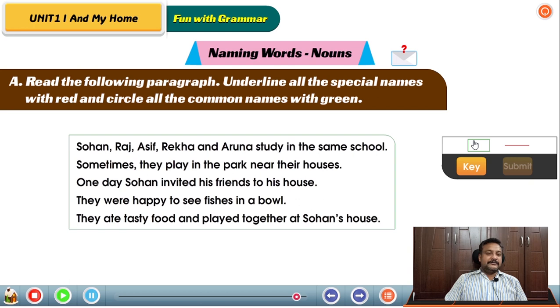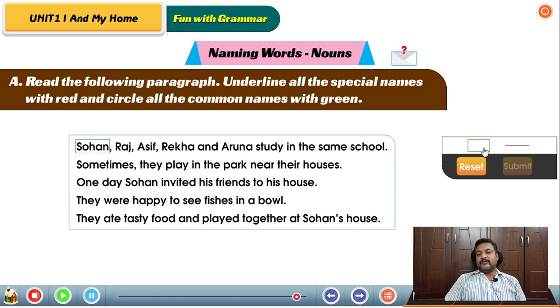So Sohan, Raj, Asif, Rekha and Aruna study in the same school. Is Sohan a proper noun? Is Sohan the name of a specific person? Yes. So we will use a green box to put Sohan in. Second is Raj.